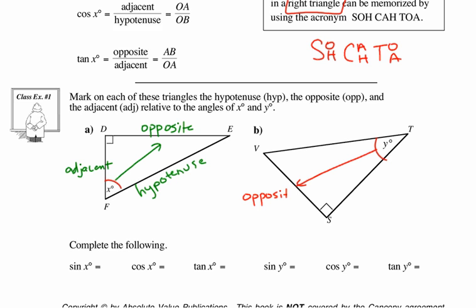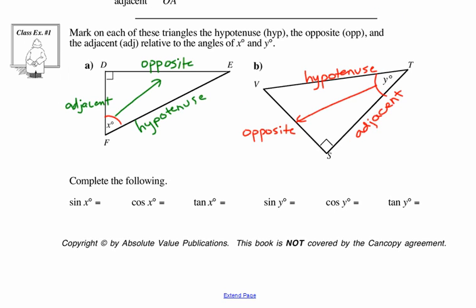So it's opposite the angle, and then do your hypotenuse, which is opposite the right angle, and then the last is adjacent. And so that's only for when we have a right triangle.